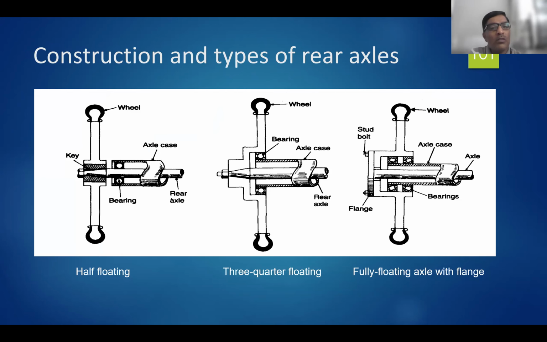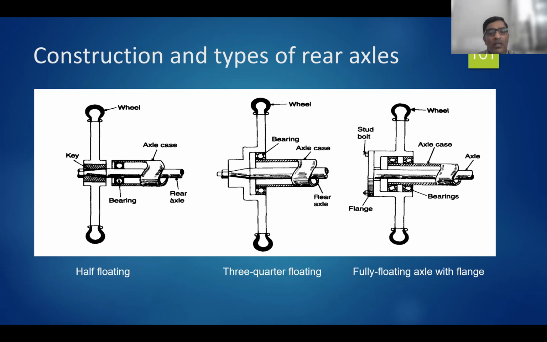Then we have studied the construction and types of rear axle. So based on how weight is supported, how driving thrust is borne, on the basis of that, we have seen three types of rear axle.